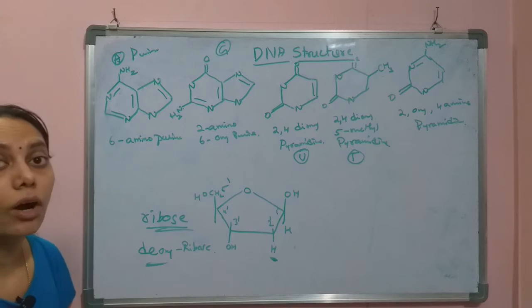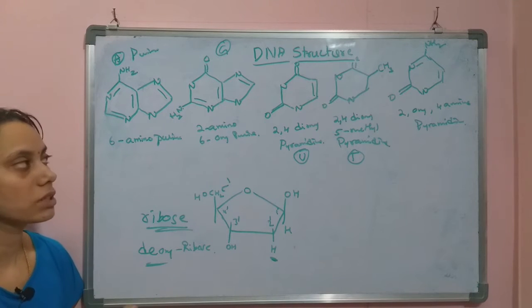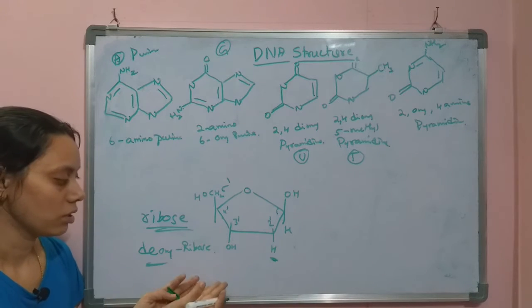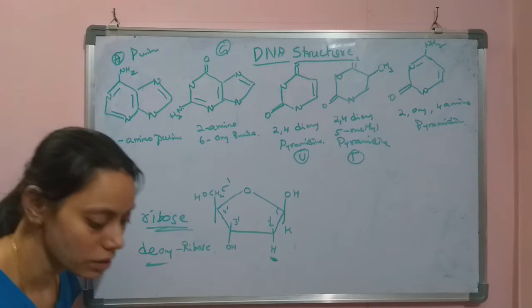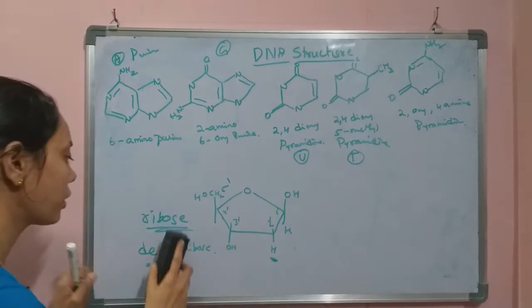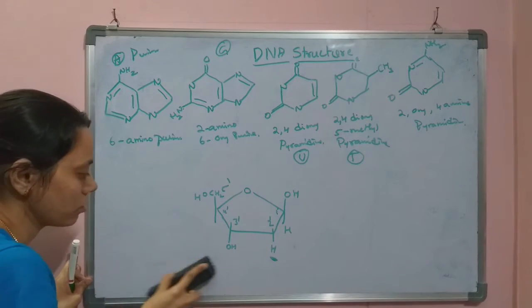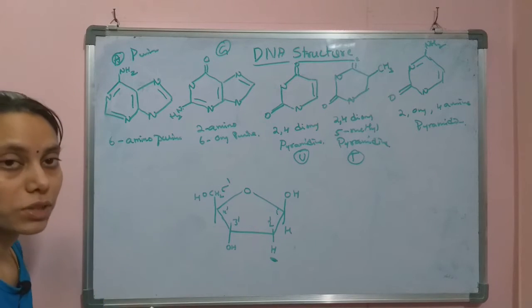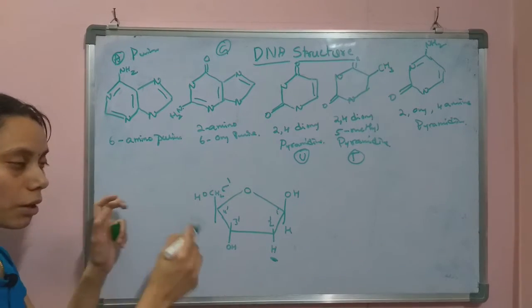So let us discuss how a nucleotide will form. These are the components present in nucleotides: nitrogen bases and sugar. So let us talk about the nucleotides, basically where the phosphate will attach and where the nitrogen base will attach to the ribose sugar.